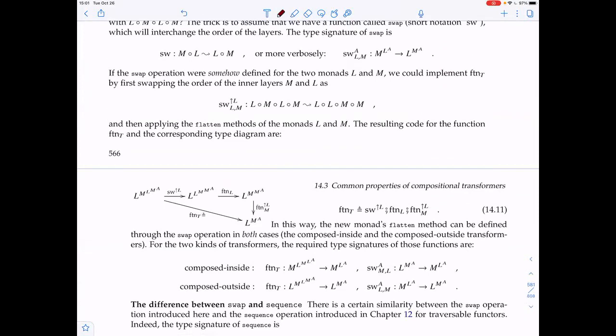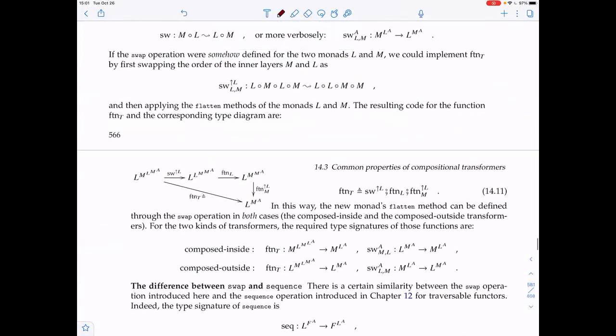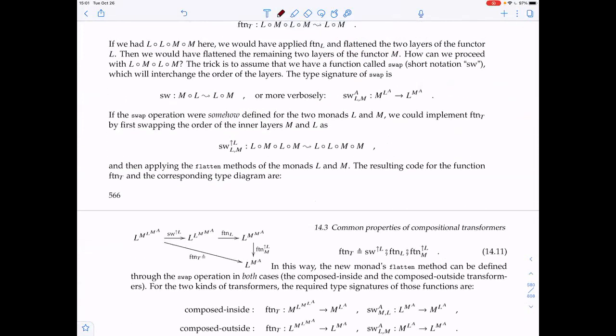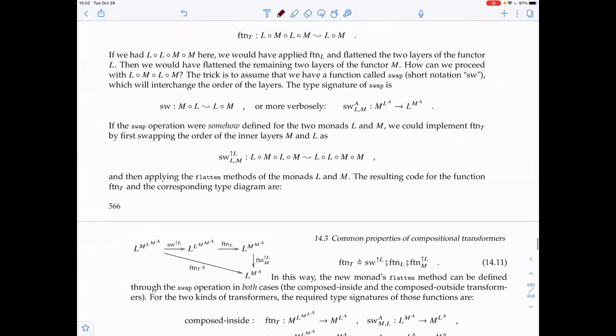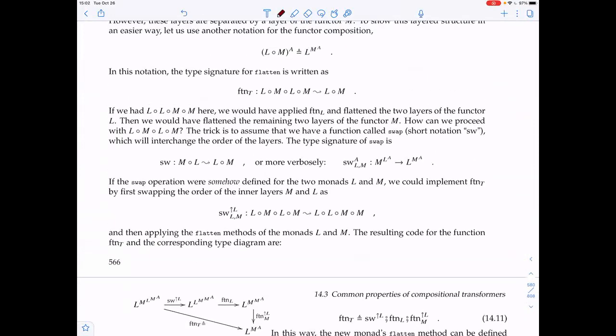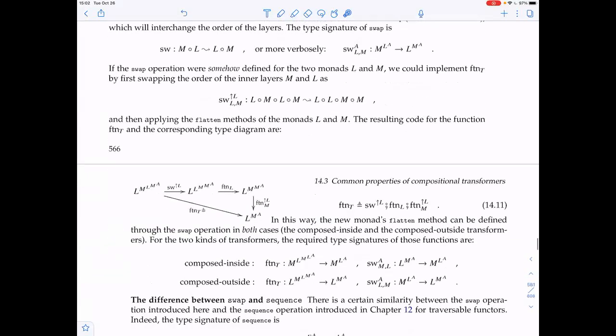So the laws of the swap function are complicated and not obvious, but you can derive them by trying to prove that LM is a monad. You try to prove the law of this monad, for example, the associativity law. Then you find that you cannot prove it unless swap satisfies a certain law. And this is the law that the swap must satisfy.